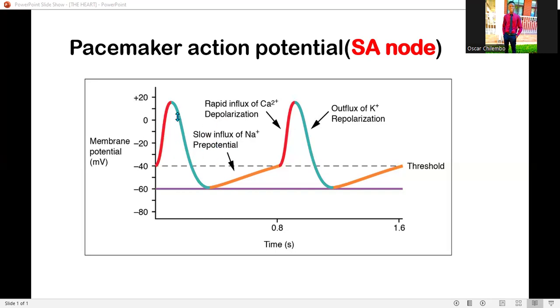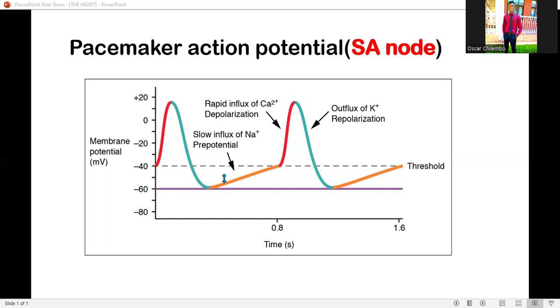So this is all about the pacemaker action potential. We only have three major phases. Phase 4, which we call spontaneous depolarization. Then the depolarization that comes due to opening of L-type calcium channels. Then potassium leaves the cell causing repolarization. Sometimes they refer to this as hyperpolarization, but I would prefer that you use repolarization.